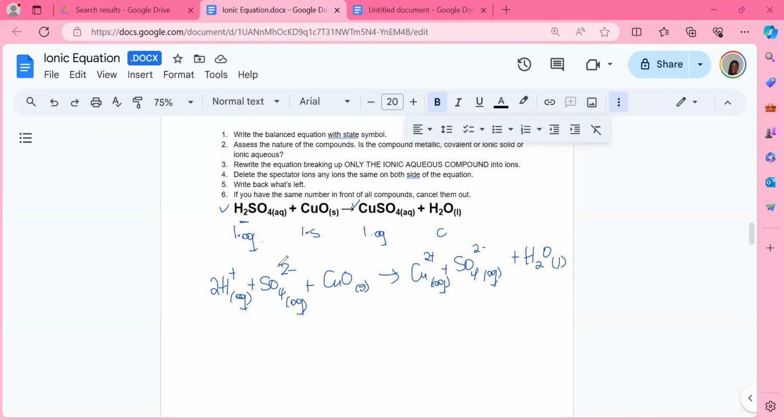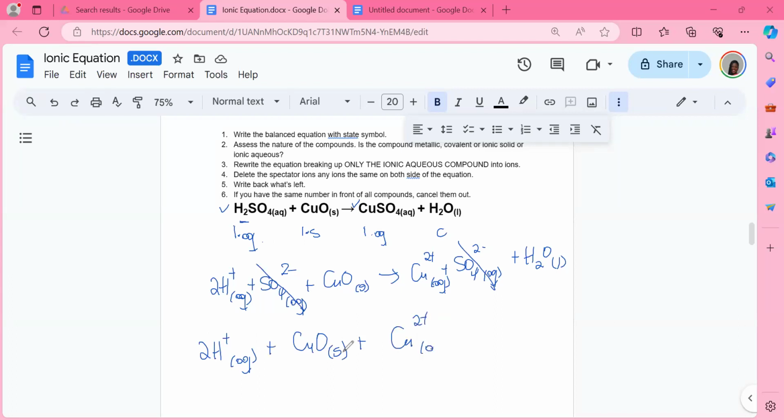Now we're going to go ahead and delete any ions that are the same on both sides of the equation. I'm seeing 2H plus aqueous. I look to the right. I'm not seeing 2H plus aqueous. I look at the next ion, which is SO4 2 minus. When I look on the right-hand side, I'm seeing SO4 2 minus, so it is a spectator ion, and I go ahead and delete that.